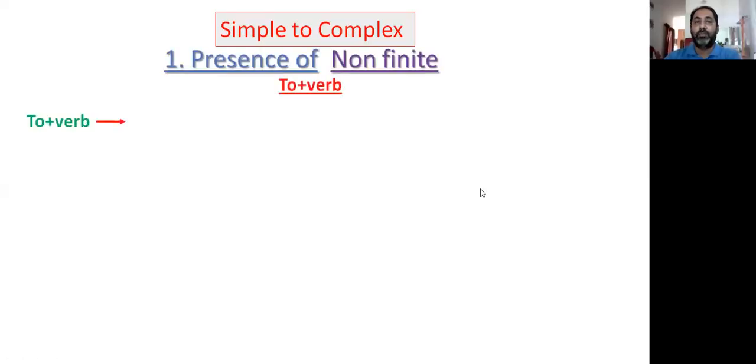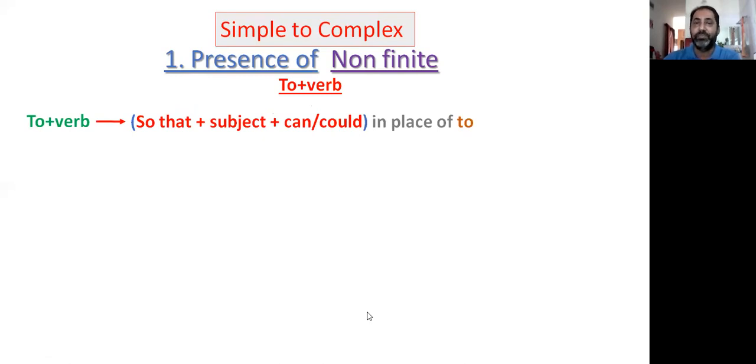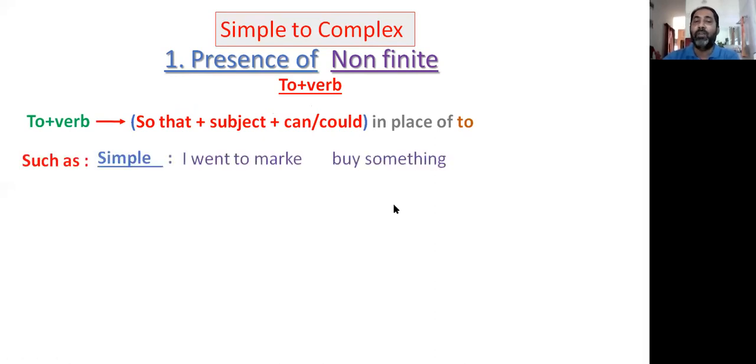To plus verb. If you see to before a verb, then what will you do? Just use so that plus subject plus can or could in place of to, right? There is an example for you. I went to market to buy something.